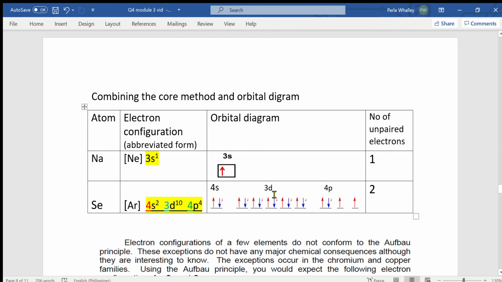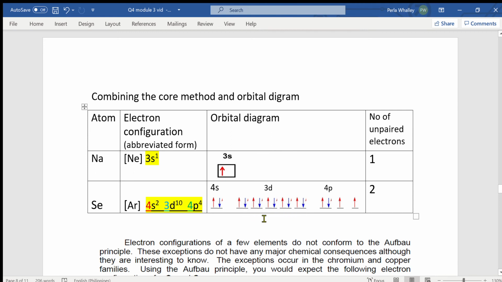For 3d, remember that 4s has one orbital. The d has how many orbitals? One, two, three, four, five orbitals. And remember, p has three orbitals. So as d has five orbitals, we need also five underlines here.